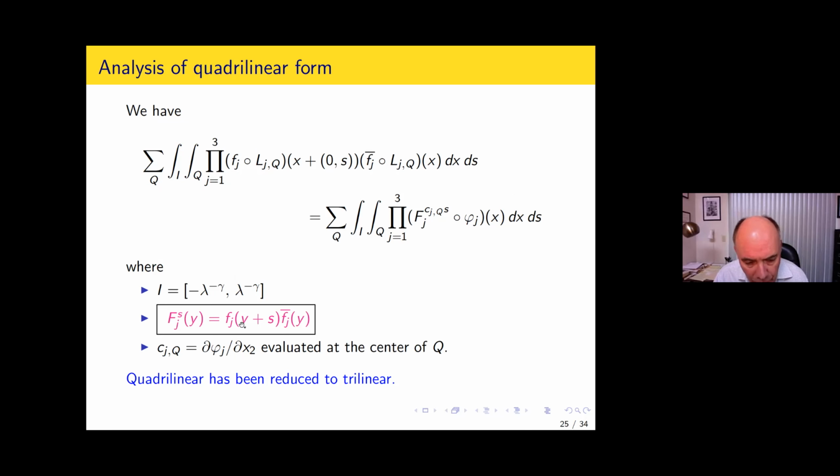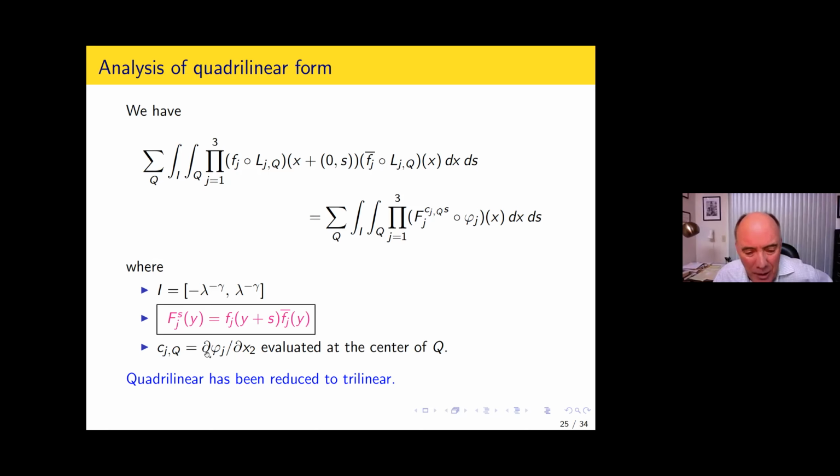Okay, so I have a sum over all these small cubes. I have an integral for each cube over a 3-dimensional small region. And I now have a product with 3 factors, each of which is still composed of phi j, but now we have this extra parameter s floating around. There's a factor in the exponent which depends on the cube. So this c sub j is a certain thing.